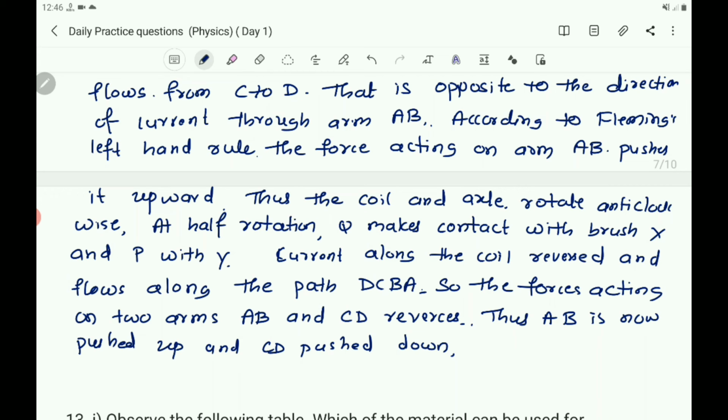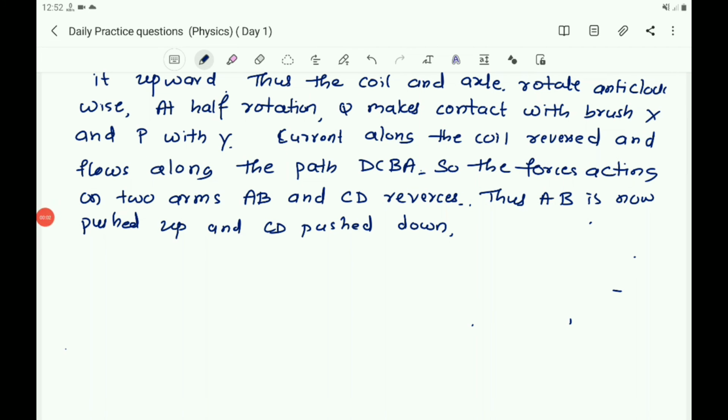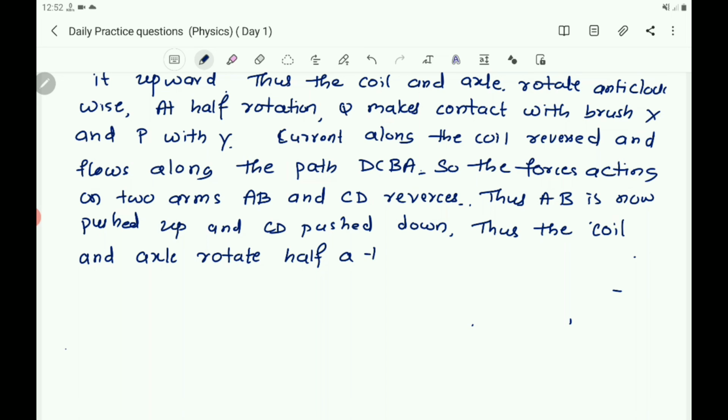The coil and the axle rotate half a turn more in the same direction.